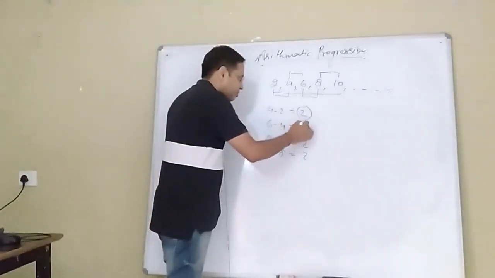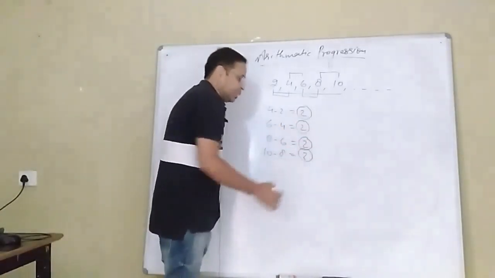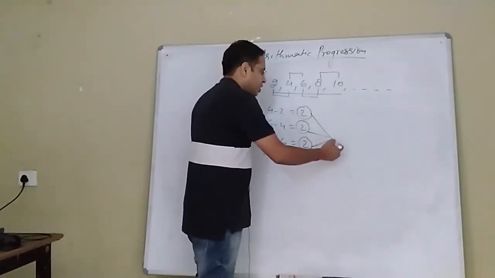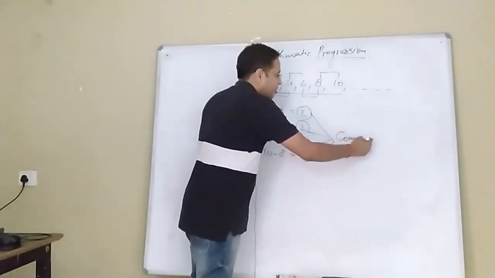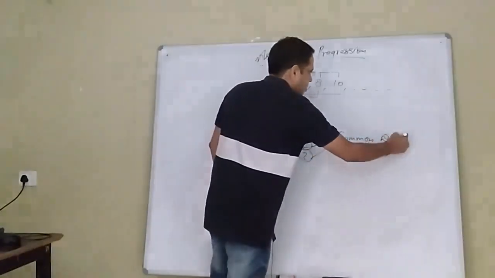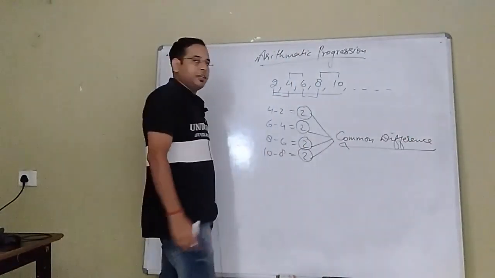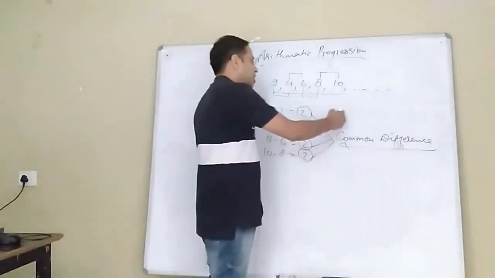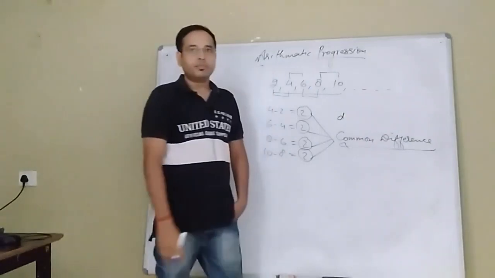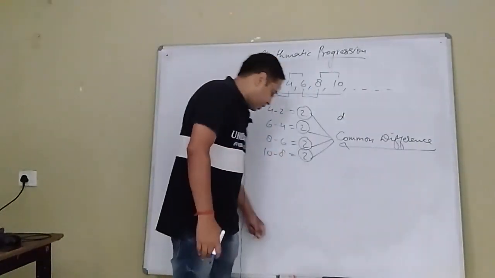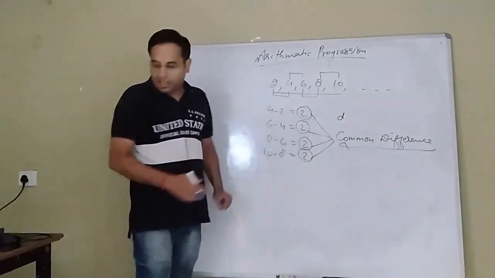This term which we are getting by subtracting two consecutive terms is termed as the common difference. क्या बोलते हैं इसको? Common difference. That is known as the common difference and is denoted by the letter small d, isn't it? Now let's move further.